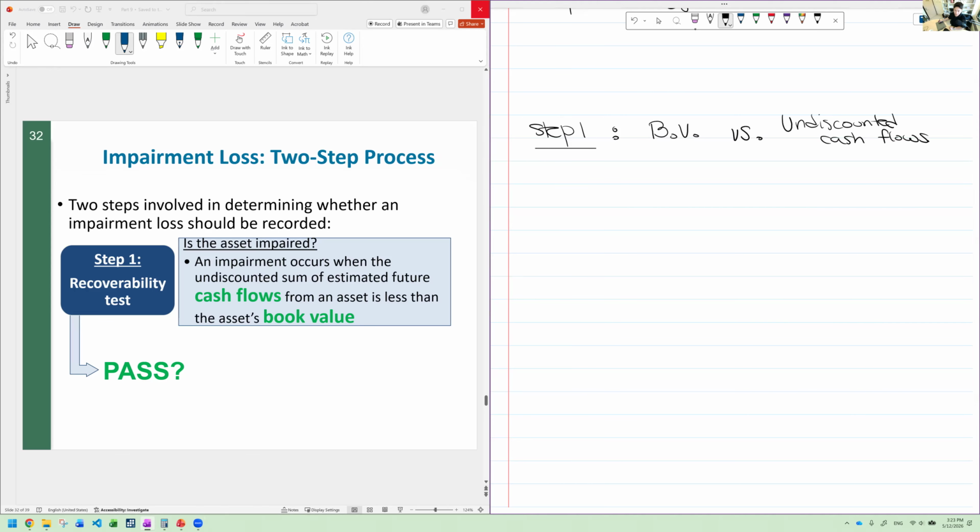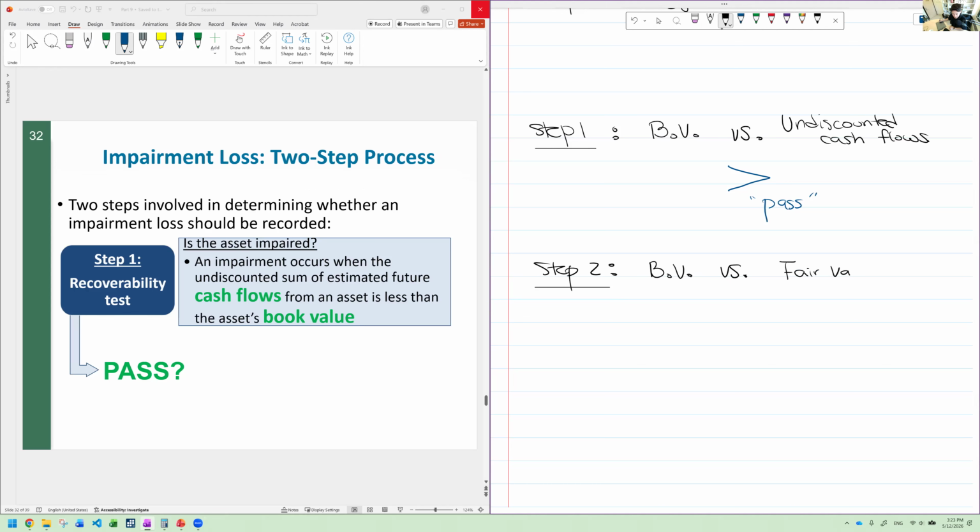Now, if you determine that the book value is greater than the undiscounted cash flows value, then we deem that we passed the test. Then we're going to move on to step two. In step two, you are going to compare the book value of the particular asset against the fair value.